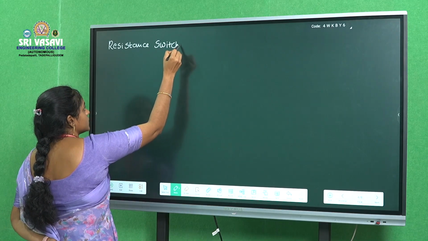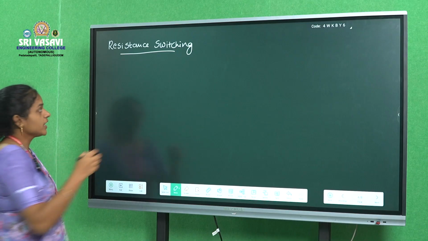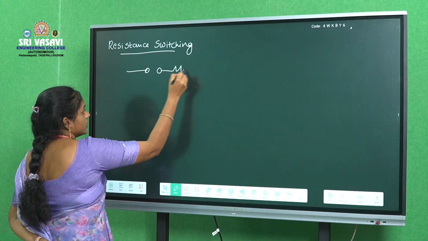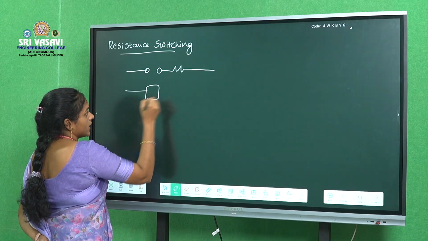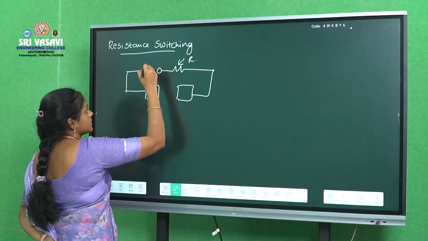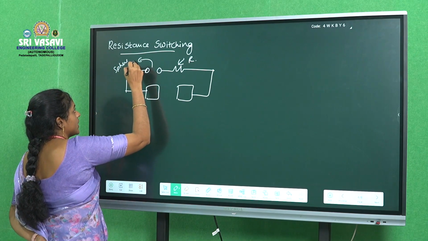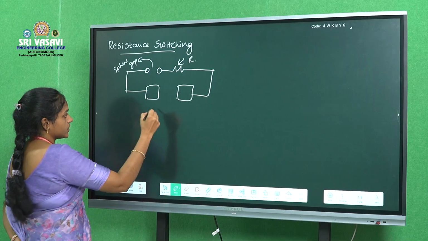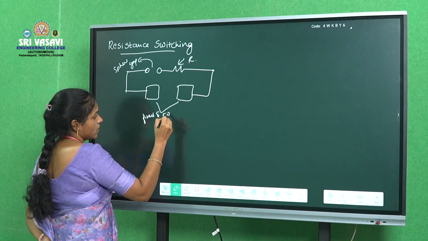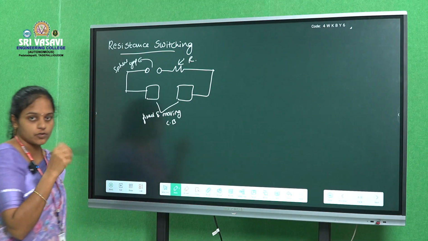In this resistance switching, we place one resistor in parallel to the circuit breaker terminals, and here is the spark gap. The spark gap is maintained to switch on the resistor. These two are the fixed and moving contacts of the circuit breaker.